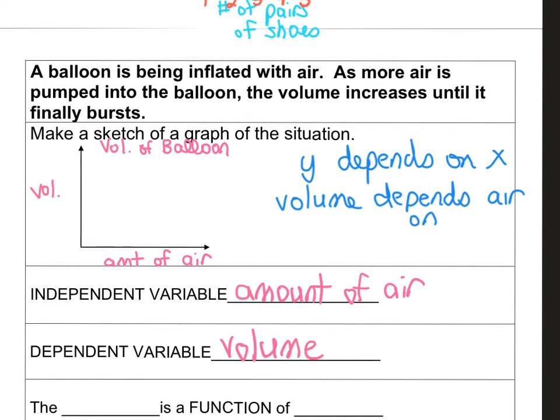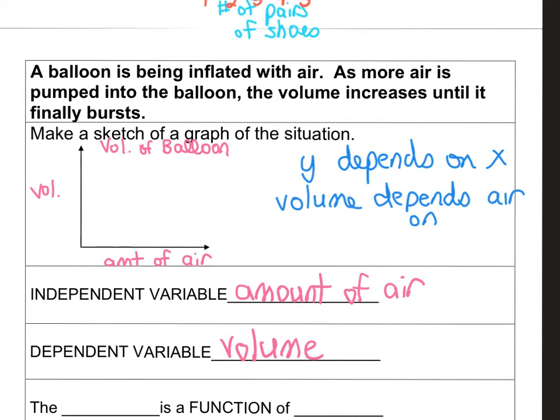So we need to sketch a graph. So the balloon is being inflated with air. So you would think as the more air we put in, the higher the volume gets. But then it tells us it reaches a point where the balloon finally bursts. So we could sketch something as we put it in, it increases, then it could just drop.